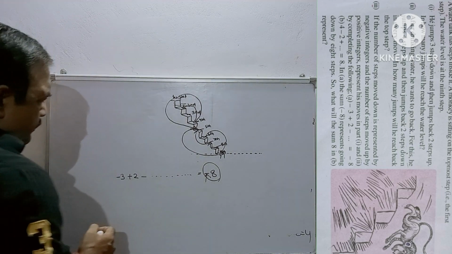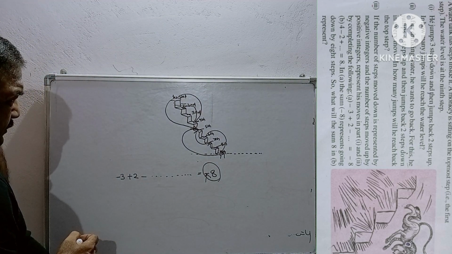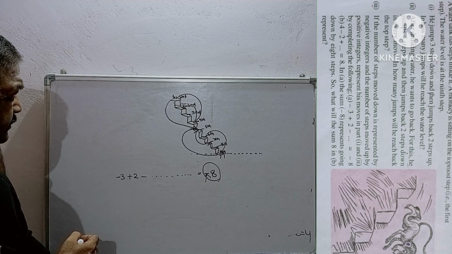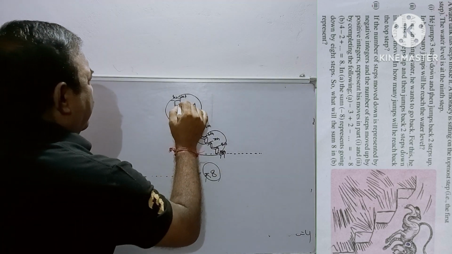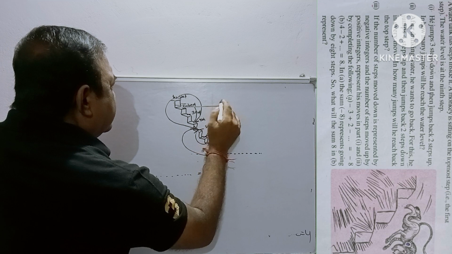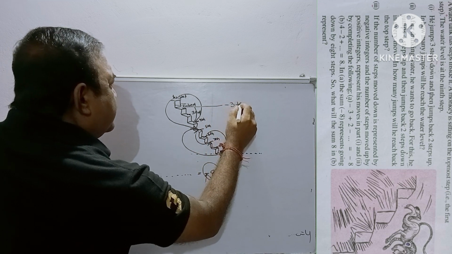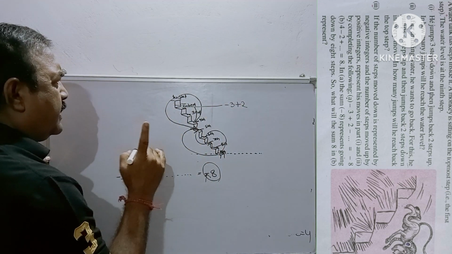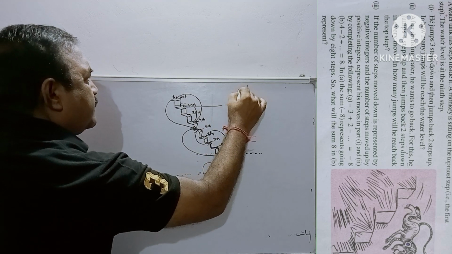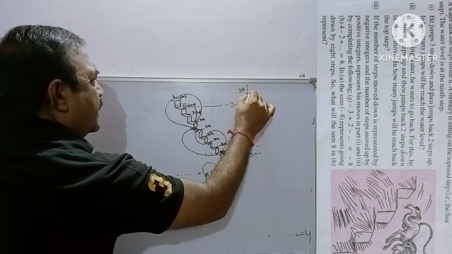You see, when he will be here, that is minus 3 plus 2. For each step, you remember 3 steps downward and 2 steps up.